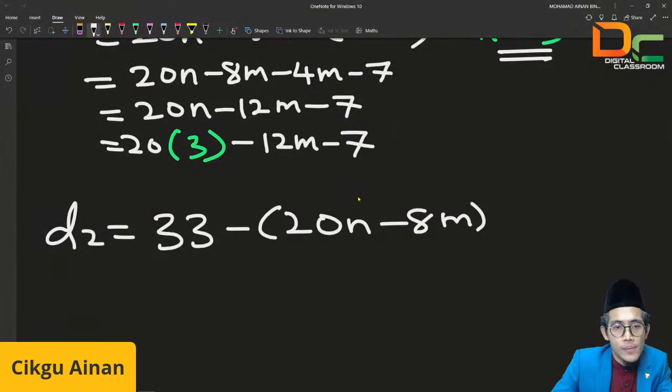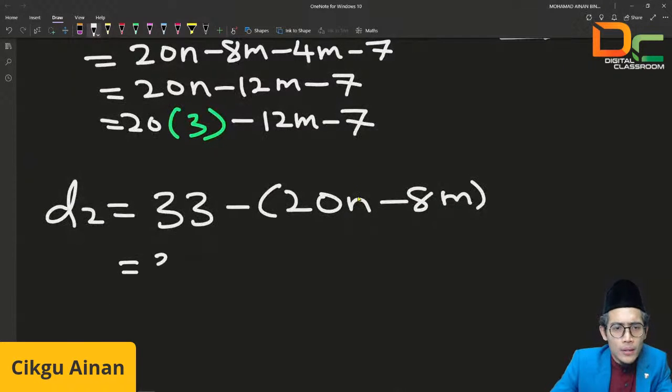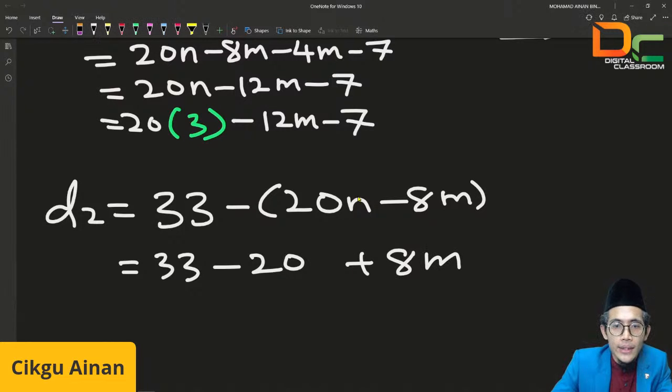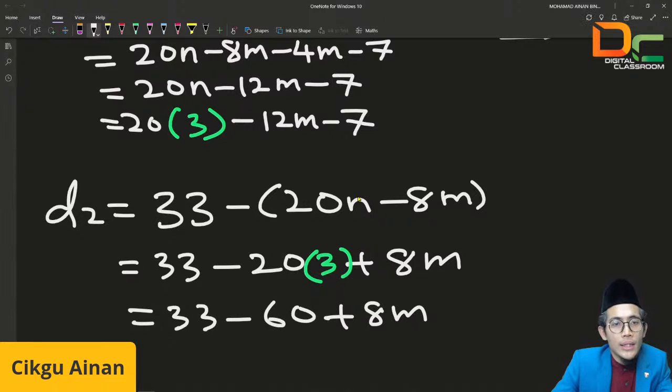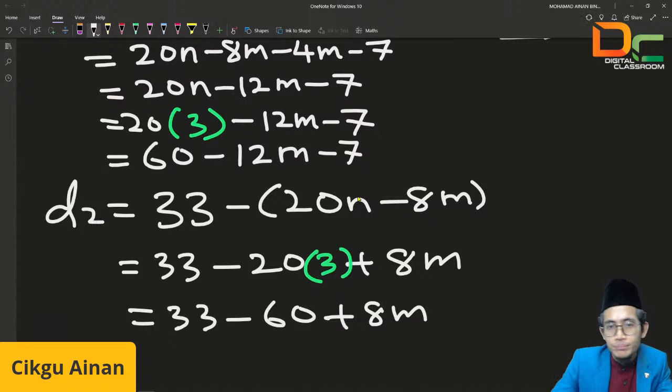So proceed lah. Minus 20n plus 8m. Ini n tadi dah dapat nilai. N is 3, right? Ganti right away. So this one 33 minus 60 plus 8m. This one 60 minus 12m minus 7.